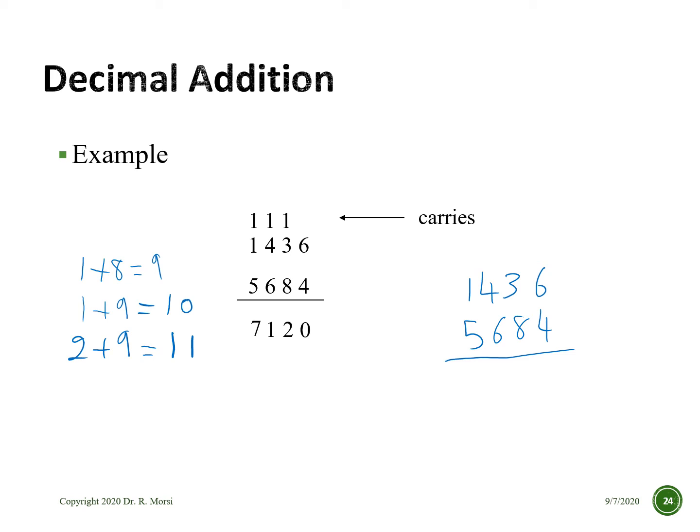So what I'm doing is I'm taking a 1 away from here, adding it to this to make this a 0. I'm taking a 1, adding it to this to make this a 0. Carry 1. And then this leftover 1 here, I'm going to put it here to make it a 1, 1.